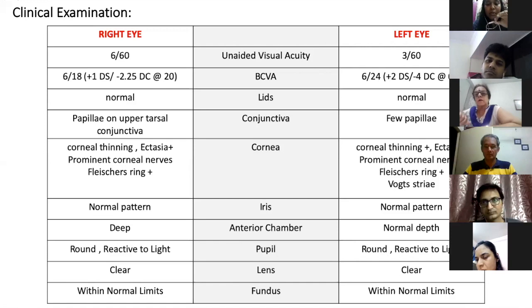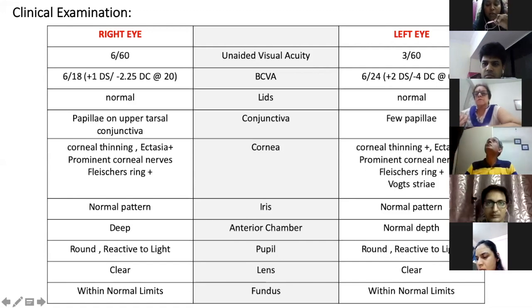Female patients specifically present with gynecological problems also. Collagen disorders are associated, and also Down syndrome, Ehlers-Danlos and Turner's are associated genetic conditions. So keratoconus has some genetic predisposition, ma'am.